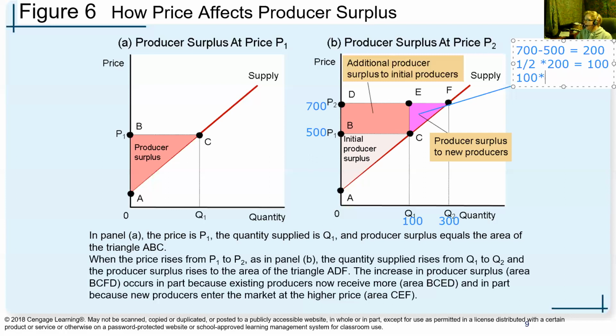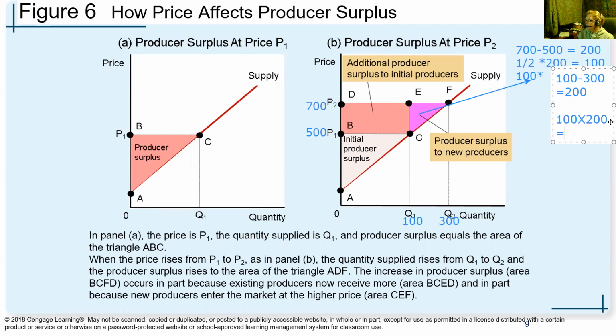So in this case, the height actually will be 300 minus 100, which equals 200. So we end up with 100 times 200, which also equals 2,000. Whoops, not 20,000, 2,000. So the producer surplus to new producers would be 2,000.